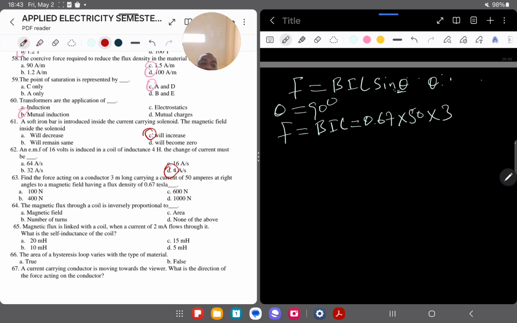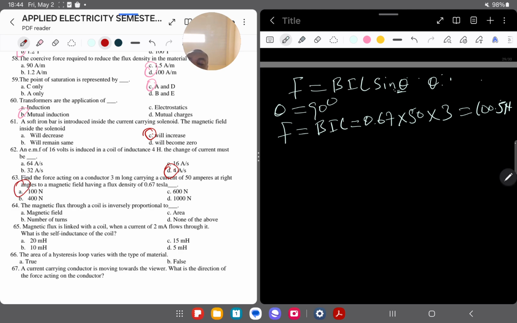When you multiply this, 0.67 times 50 times 3, you get 100.5 newtons. The possible options are A, 100 newtons, B, 400 newtons, C, 600 newtons, and D, 1000 newtons. So the answer here will be A. That's the closest to the answer we got.